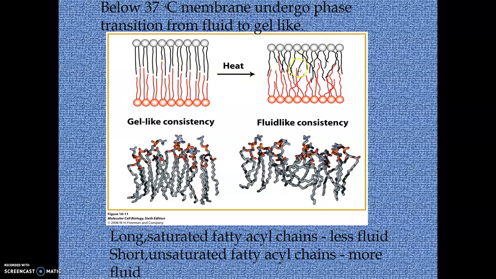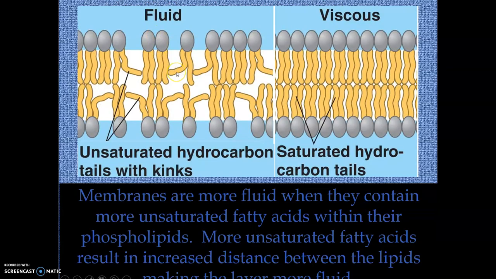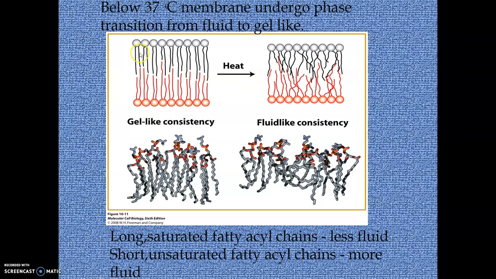the orientation of phospholipids is different in these two cases. Here we can see the polar head and the tail regions. The tail regions are oriented in a clear, particular manner, while here they are distorted.